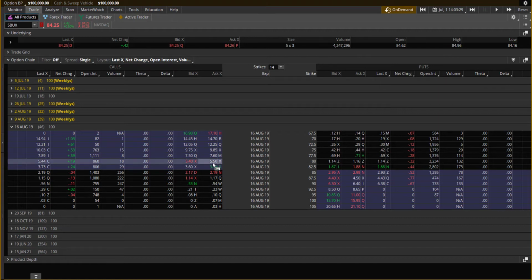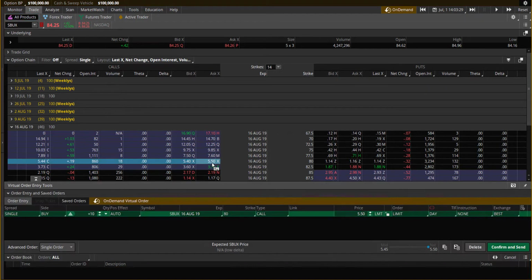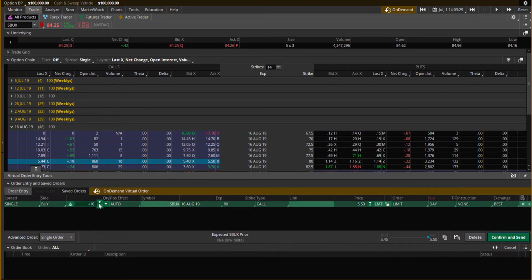And say you have a $10,000 account and you want a max risk of 1,000. So you come here, hit buy, and if you want a max risk of 1,000, that means you can only get 2 contracts roughly. You'll be a little bit over, and we'll try to hit the in-between of the bid and the ask.